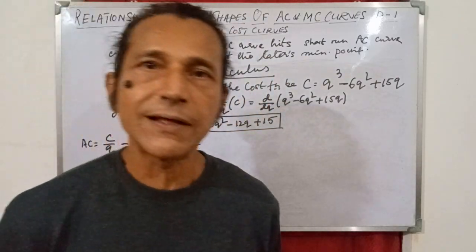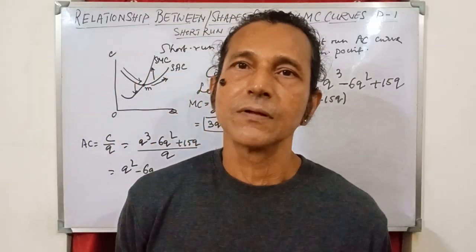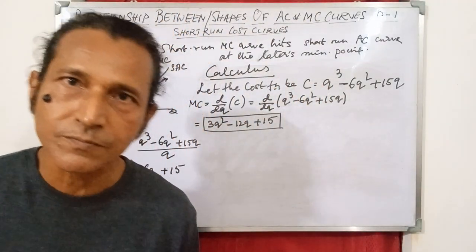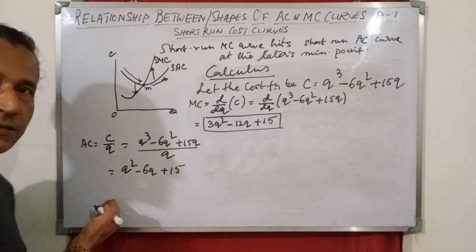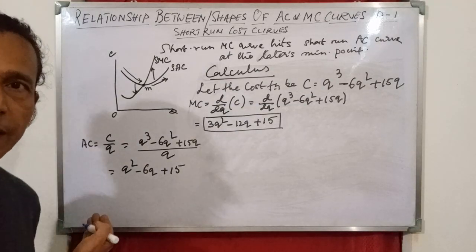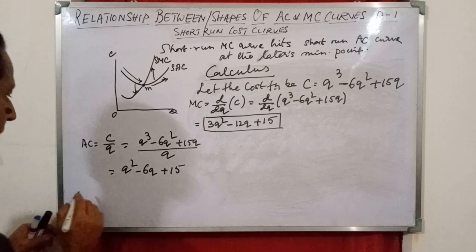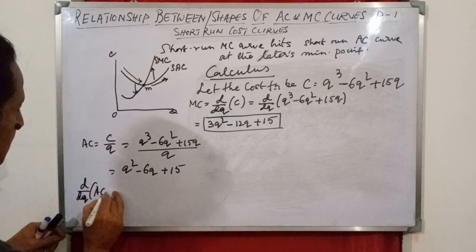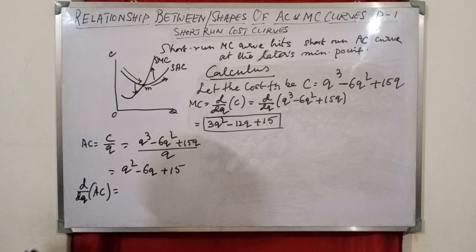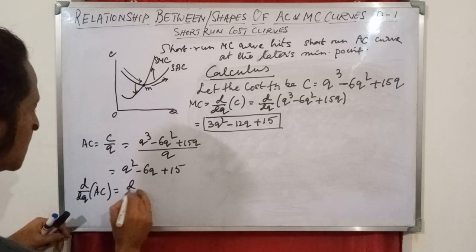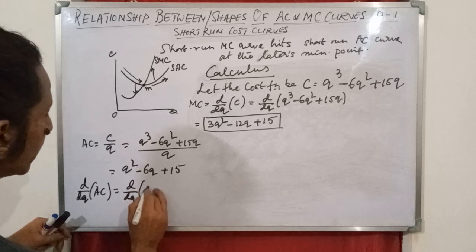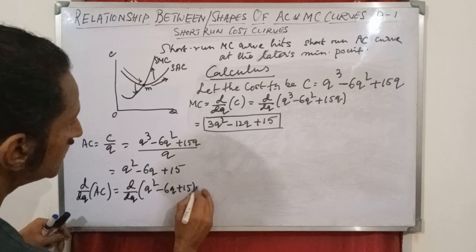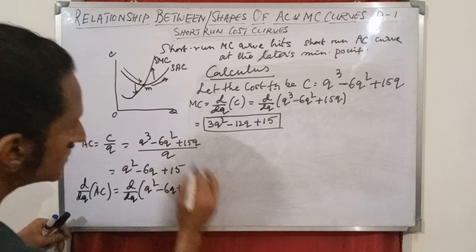Now, when the average cost is minimum, the derivative of the average cost function must be set to 0. So we differentiate the average cost function and set it to 0. So d/dQ of AC equals d/dQ of Q square minus 6Q plus 15, and we set it to 0.